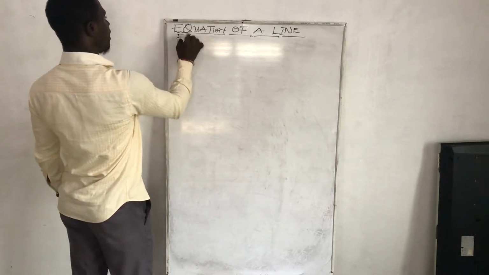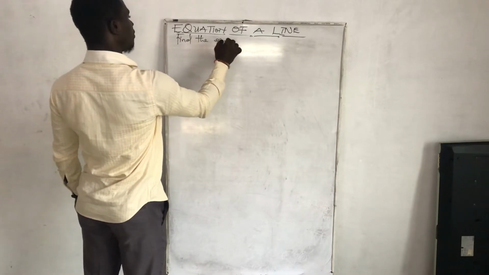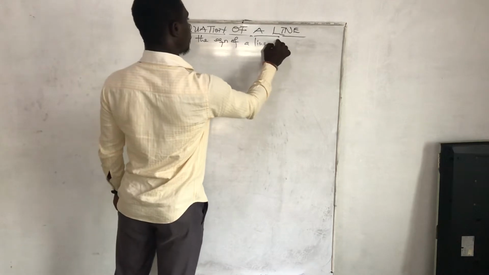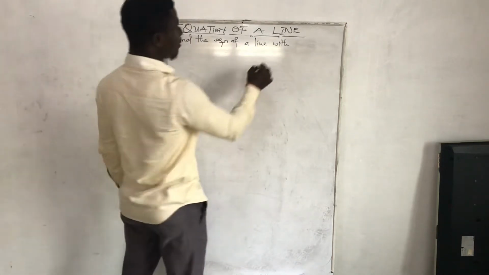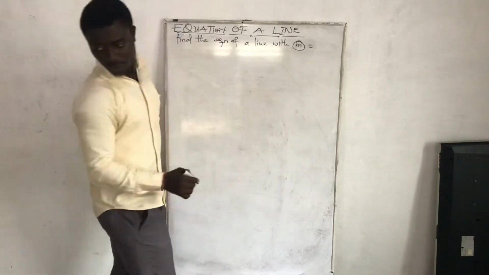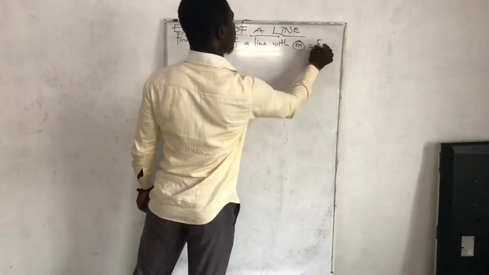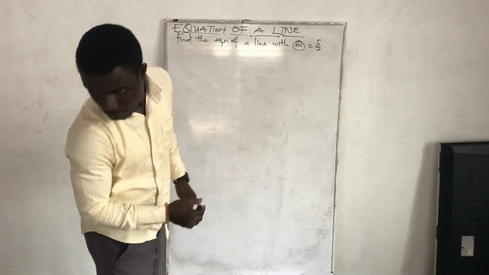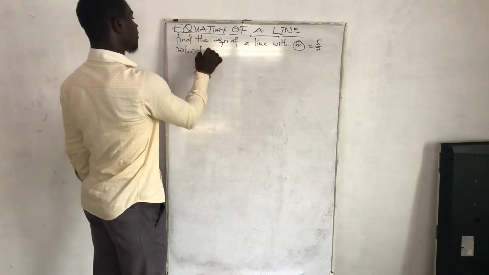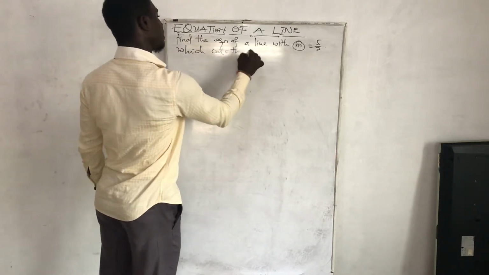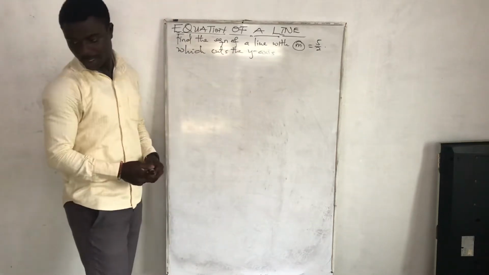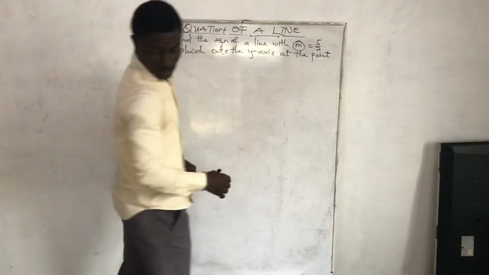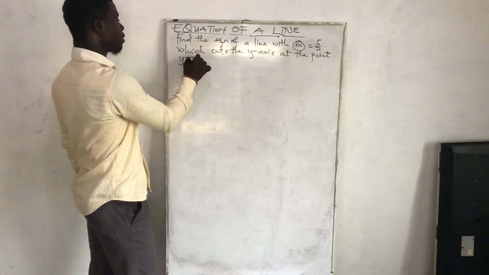Find the equation of a line with gradient m equal to 5 on 2, which cuts the y-axis at the point y equals -4.